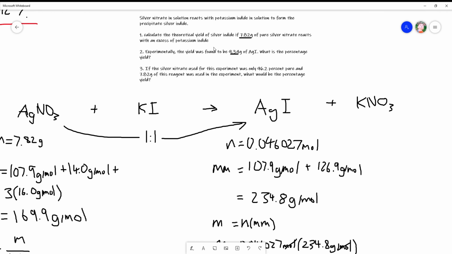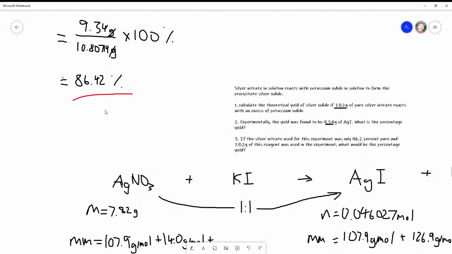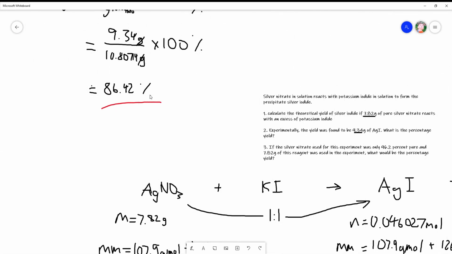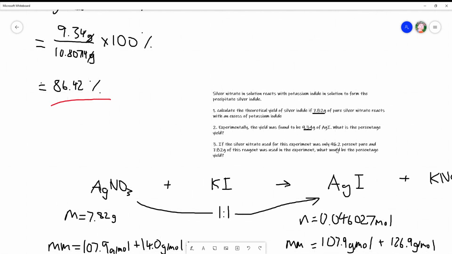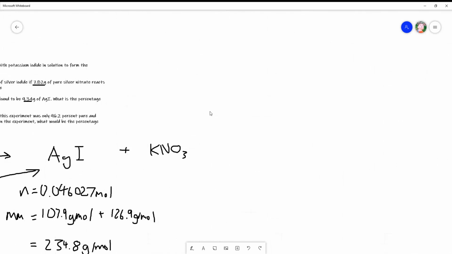So these two questions are the exact same, except the only difference is the percent pure, which is how pure the silver nitrate is. So what we can do is take the percentage yield that we received from question 2 and multiply it by the decimal form of the percent pure. So let's move over here.